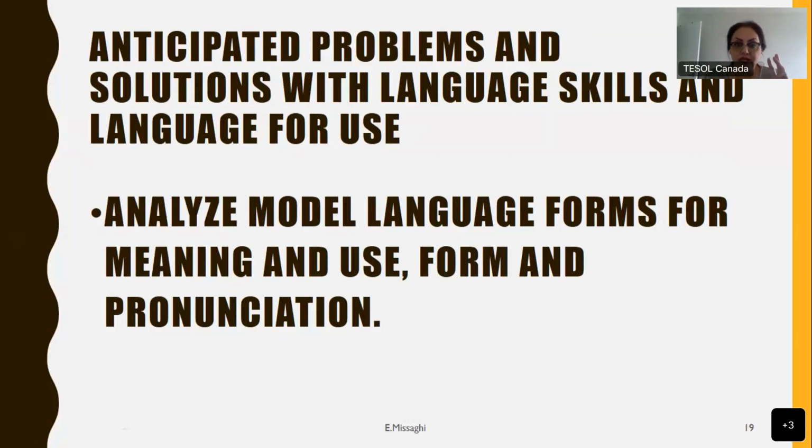But how do you pronounce it? What's your intonation? How do you write that? What's the written form of the words? Also important. It's not just understanding the meaning. So we always work on meaning and form both. When you plan, some activities go for meaning, some go for form.